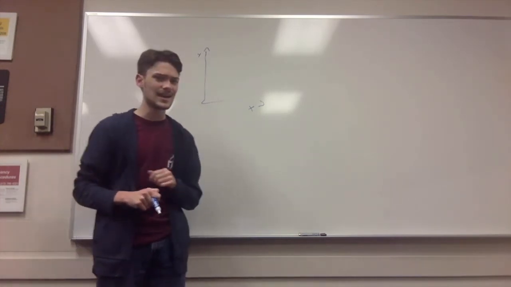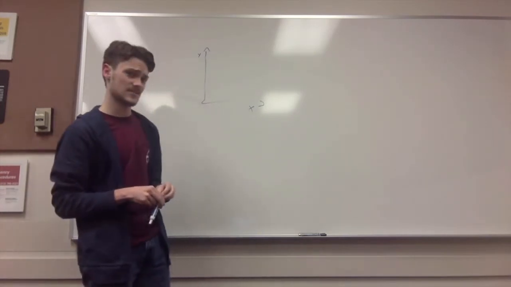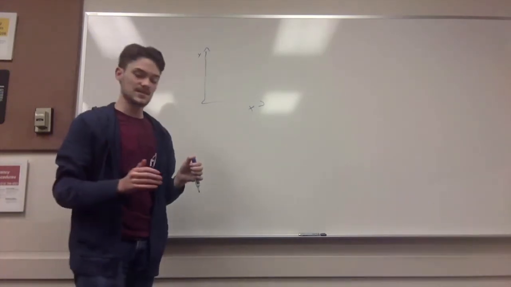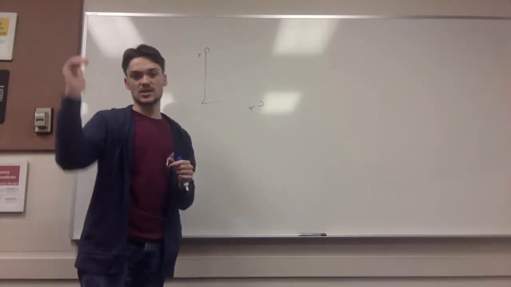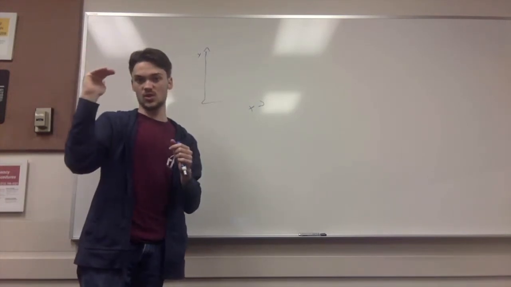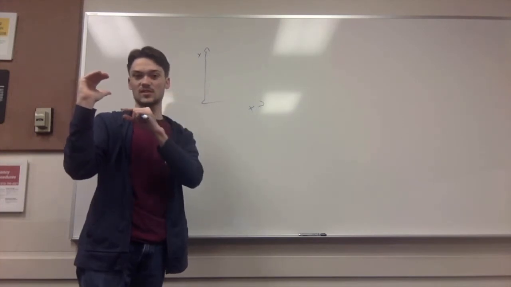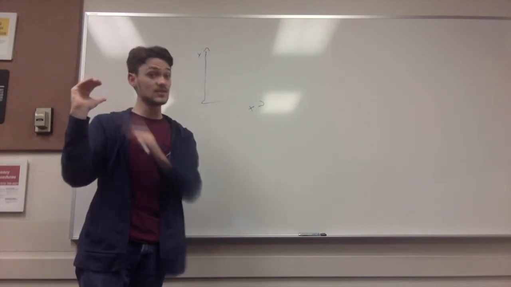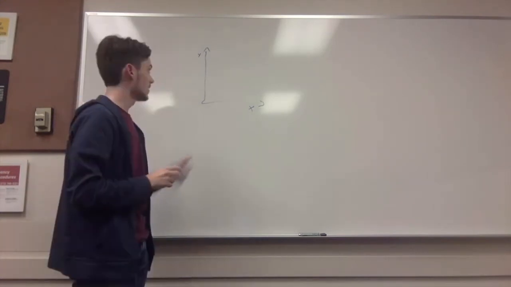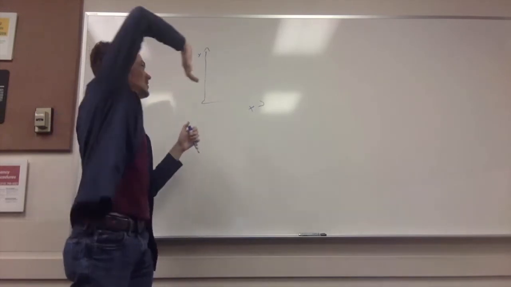Well, I'm glad you asked, because it turns out that some smart mathematicians thought of this. It's called the right-hand rule. And it works like this. Basically, you take your right arm and you put it along the y-axis, and you curl your fingers so that your fingers line up along the x-axis, and whichever direction your thumb is pointing is the direction that your z-axis goes in.